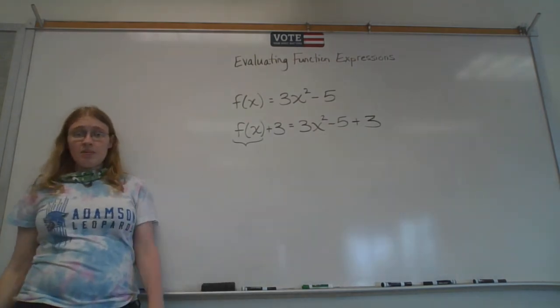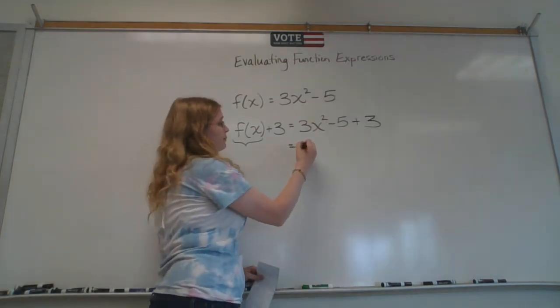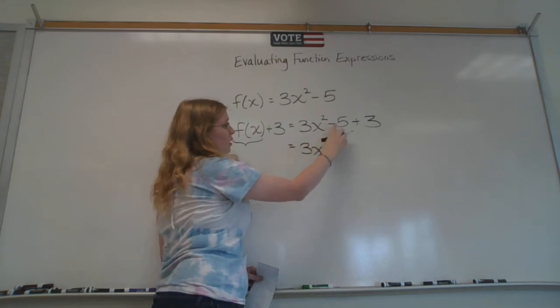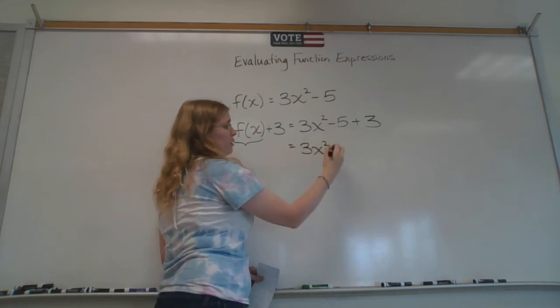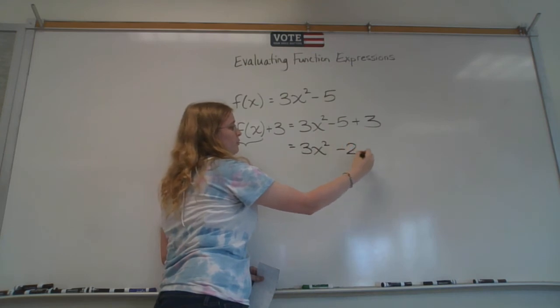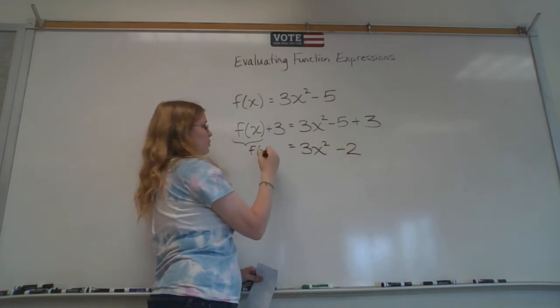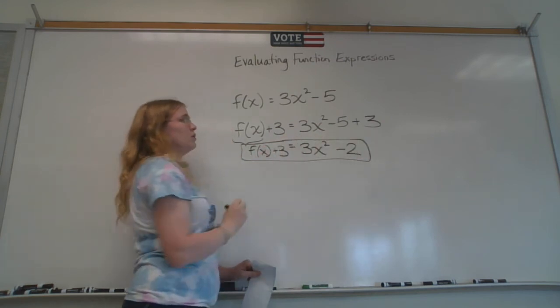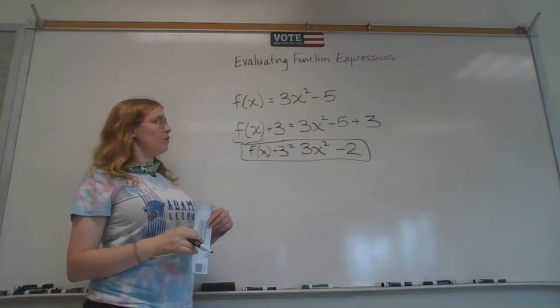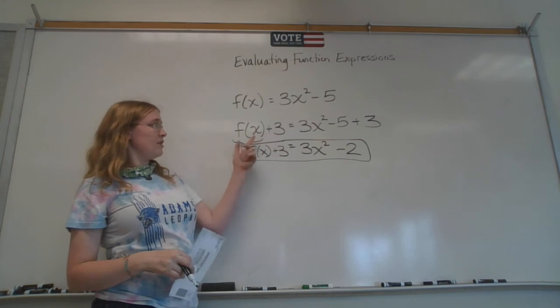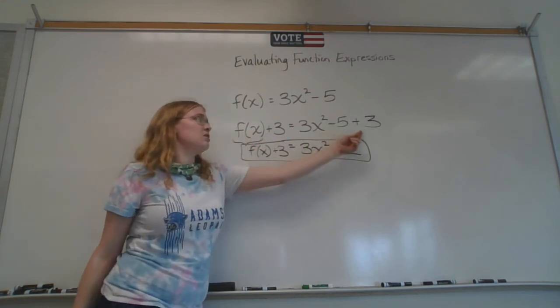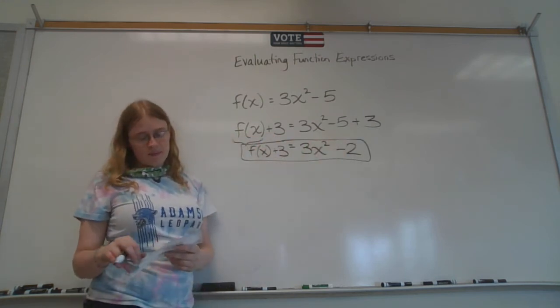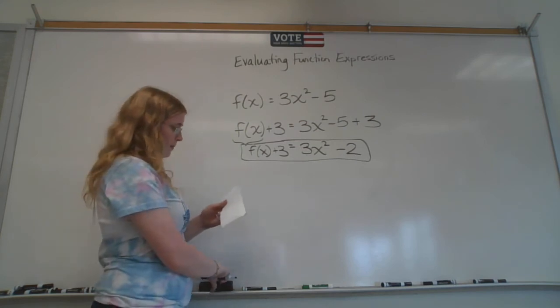So we still have to simplify it. Negative 5 plus 3 is negative 2. So that would be your final answer for that one. Again, the plus 3 outside the f of x means you just tack it on to the end.